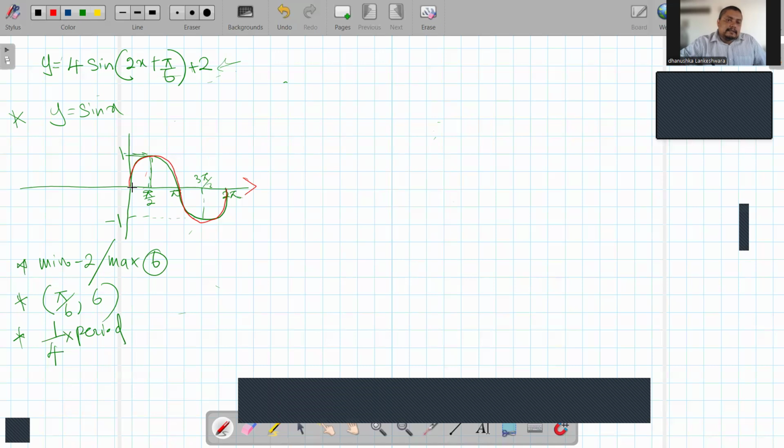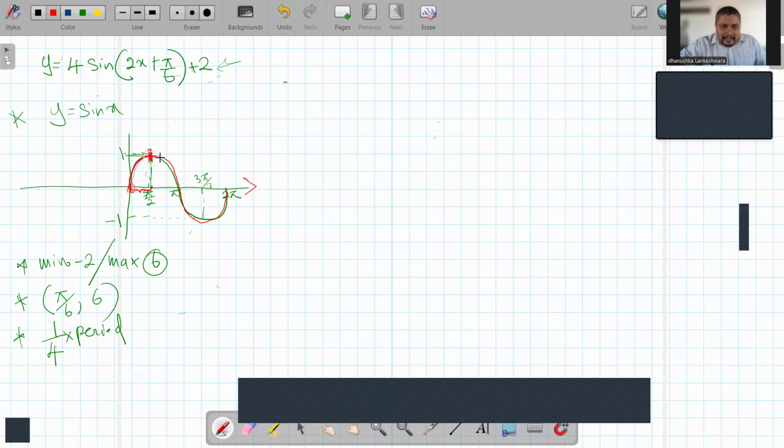Why is it significant? Because you see, if you say this is one oscillation or one period, if you go from here to here, it means one-fourth of the period. I think everybody can understand. This is one-fourth of the period. During one-fourth of the period, it comes to the maximum value.